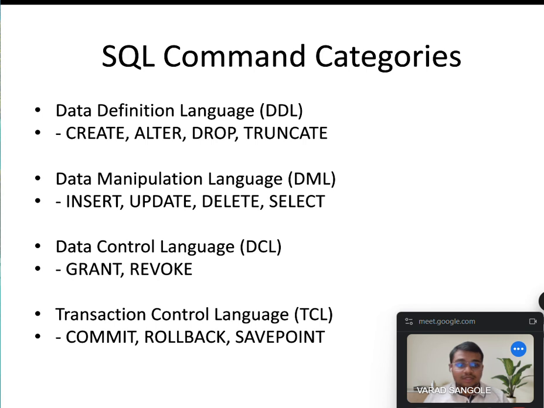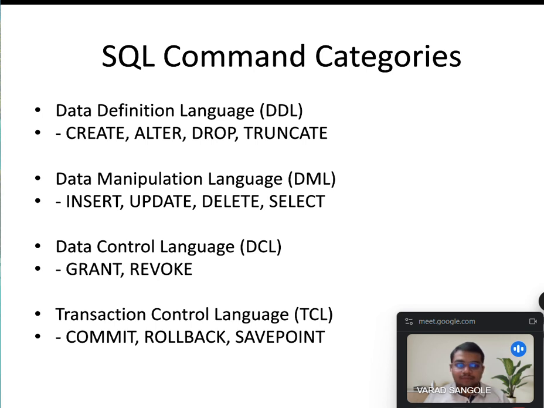The third one is the data control language, DCL, for setting permissions. The fourth is the transaction control language, TCL, for managing transactions. Each of these plays an essential role in working with databases. But in this video, we are going to see the data definition language, that is DDL, and the data manipulation language, that is DML.